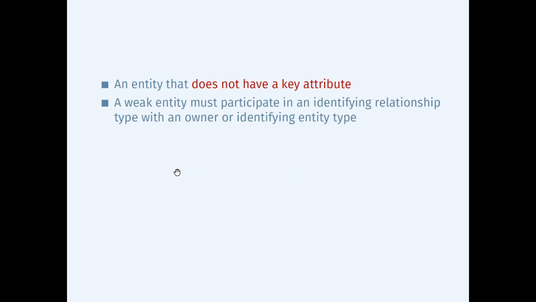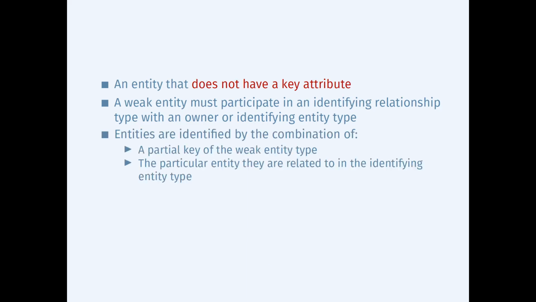But one thing you remember, if you do not have a key attribute, then usually it's regarded as a weak entity type. Actually, if you look at the dependent, we are going to take it as a weak entity type.